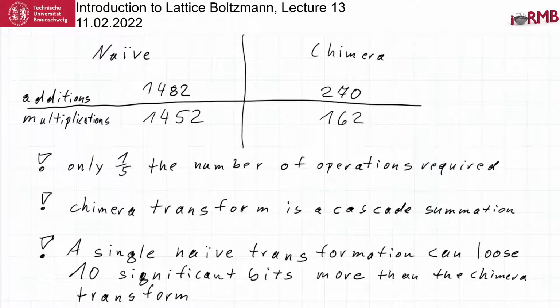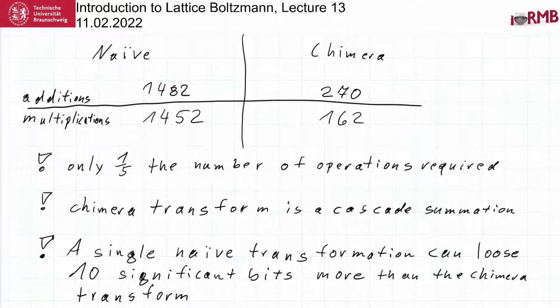Then you subtract these numbers and see what the error is. What you see is that the naive transformation loses 10 bits more in a single time step at a single node. And remember that we have only 23 bits. If you lose 10 of them in one time step, then it's pretty logical that this doesn't work.